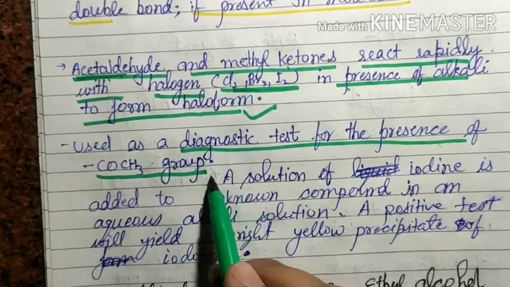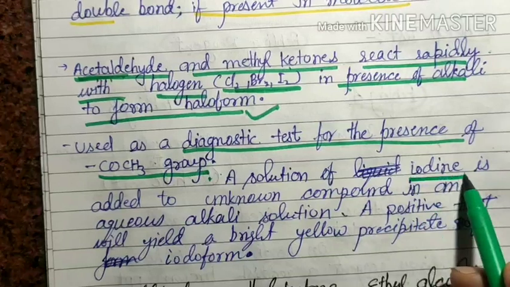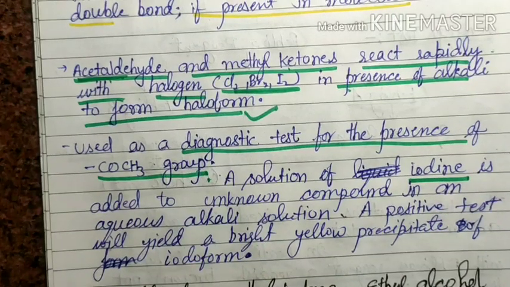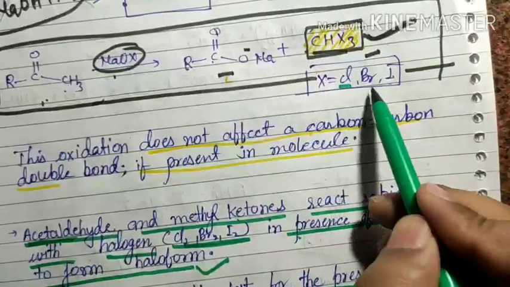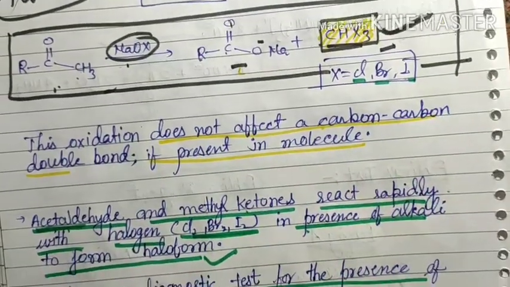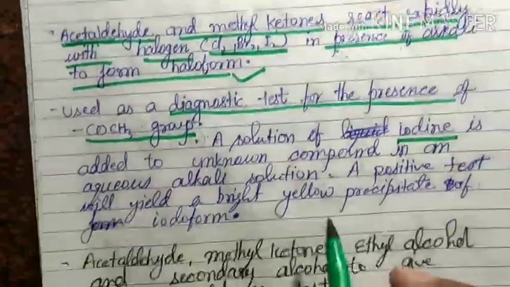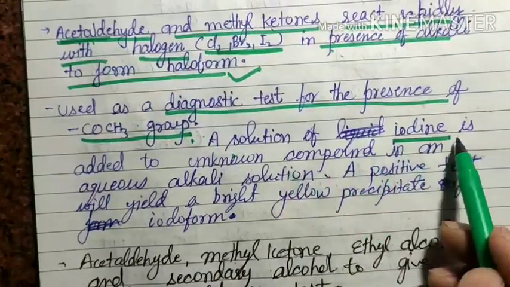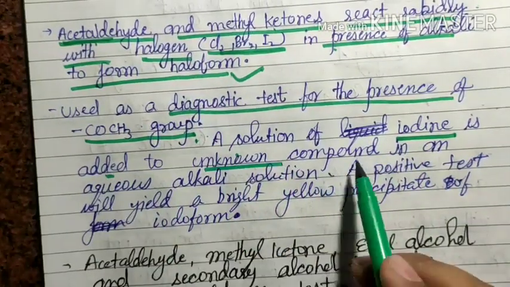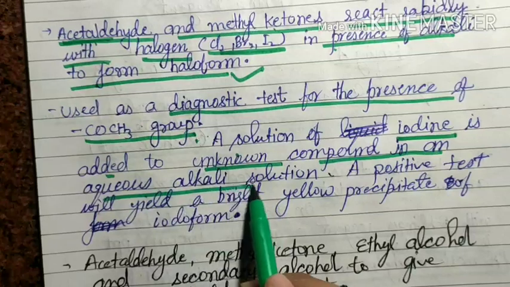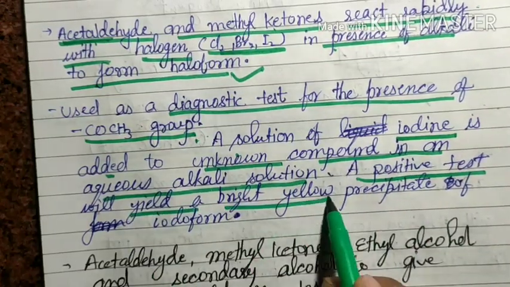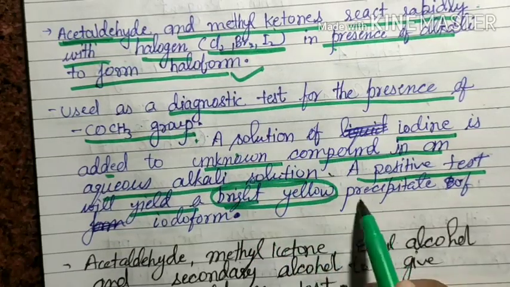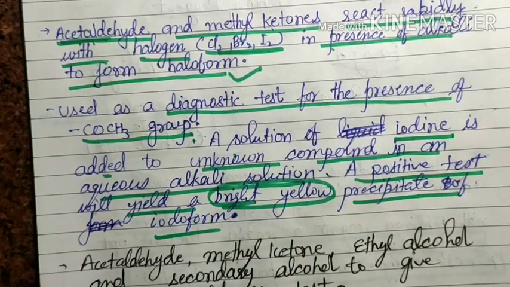What happens in this reaction? A solution of iodine is used for this test, not for the reaction itself. All the reactions with chlorine, bromine and iodine are termed haloform reactions. But for the test, a solution of iodine is added to the unknown compound in an aqueous alkali solution. A positive test will yield a bright yellow precipitate of iodoform.